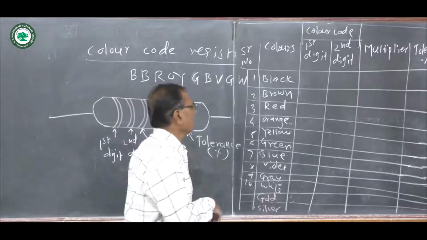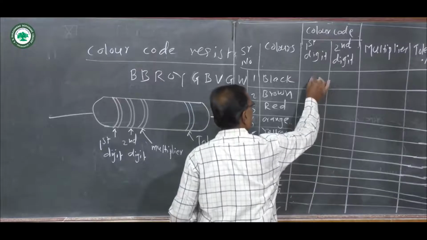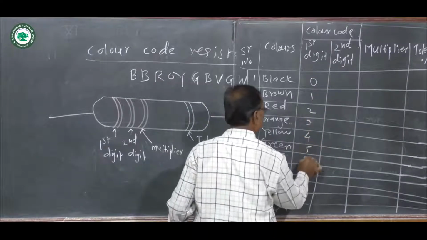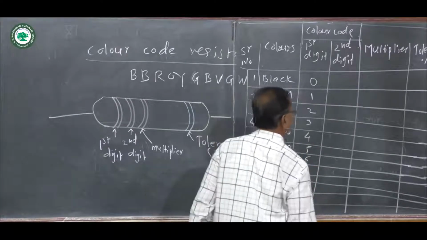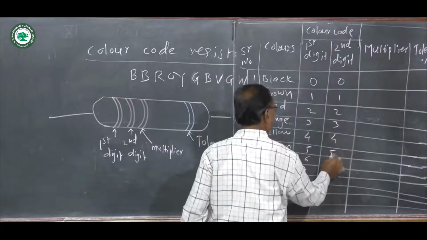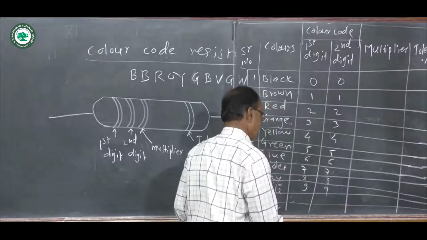So the color code first digit here denotes 0, 1, 2, 3, 4, 5, 6, 7, 8 and 9. Also the second digit is 0, 1, 2, 3, 4, 5, 6, 7, 8, 9.